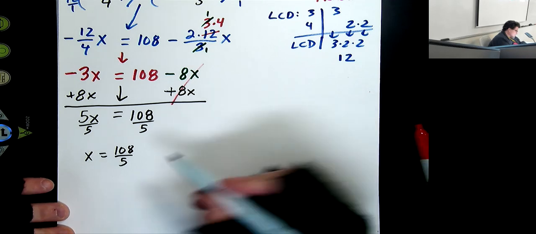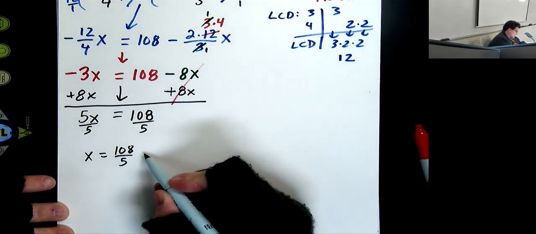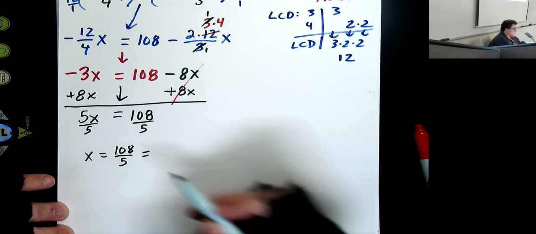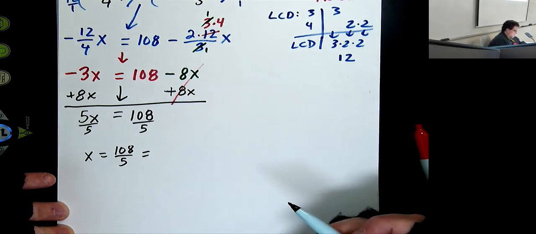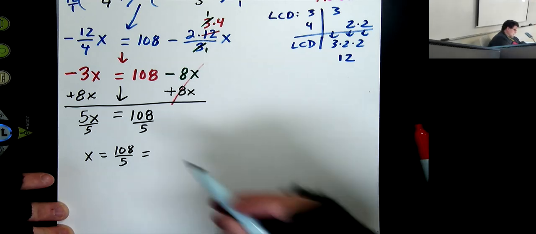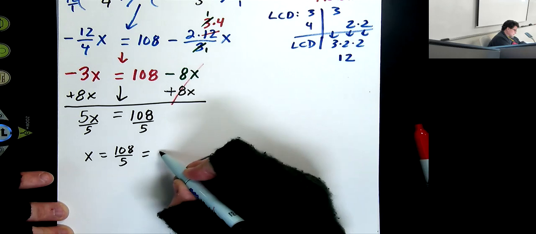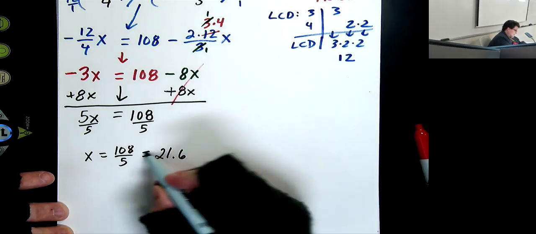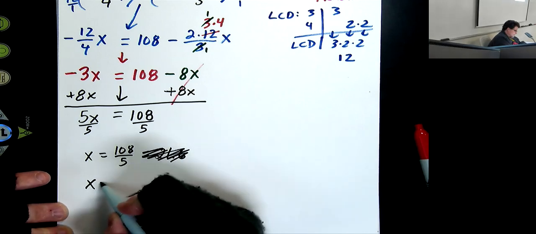I suppose I could turn it into a mixed number if I really wanted to. In terms of what you would do, let's make it a decimal. This should be 21.6. Is that right? Oh wait, I don't like doing that. I'm gonna make another line. x equals 21.6.